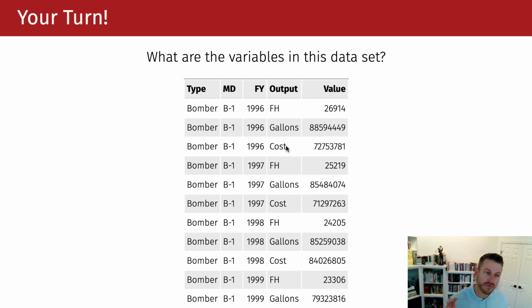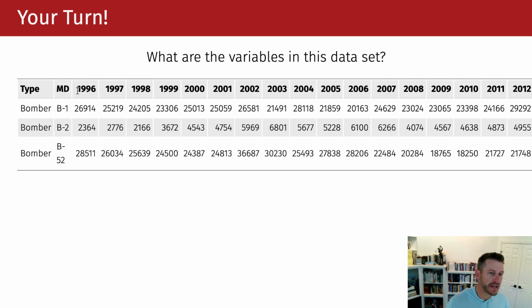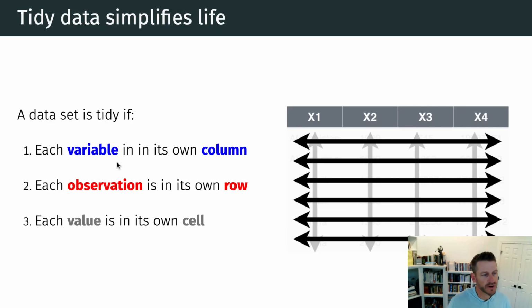Those are their own variables, and we'd want them in their own columns. Or in this case, we have year spread out across the columns. We would want that to be in its own column, and we'd want these flying hour values to be in their own column as well. Right? Then we want each observation in its own row, and each value in its own cell. Once we have a data set that meets these requirements, it makes it so much easier to do follow-on analysis such as visualization, summary statistics, or even getting into machine learning.